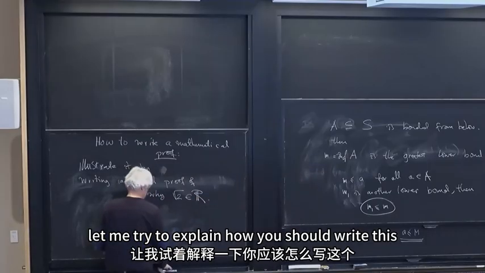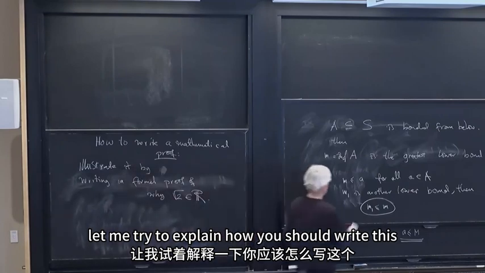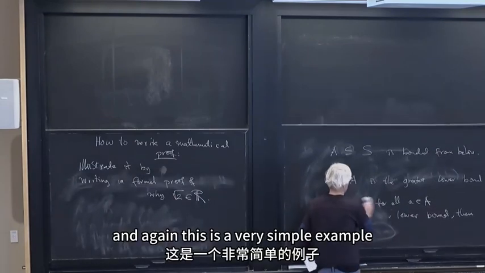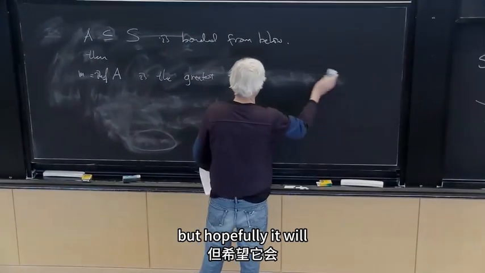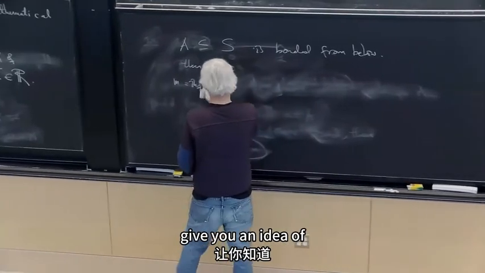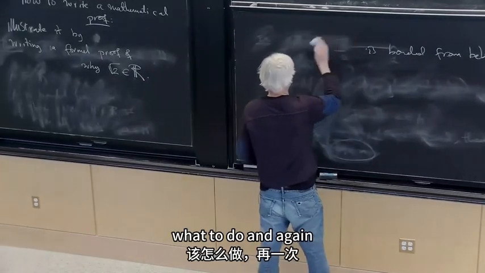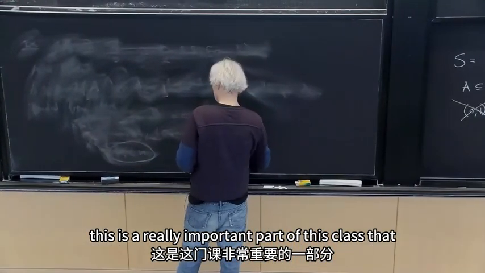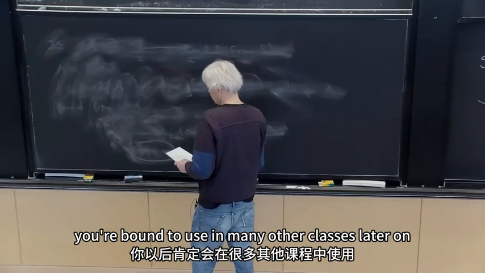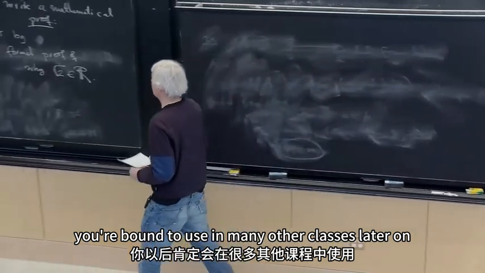So let me try to explain how you should write this. Again, this is a very simple example, but hopefully it will give you an idea of what to do. And this is a really important part of this class that you're bound to use in many other classes later on.